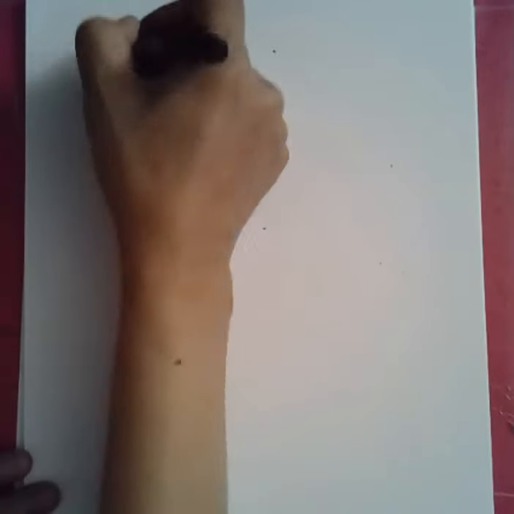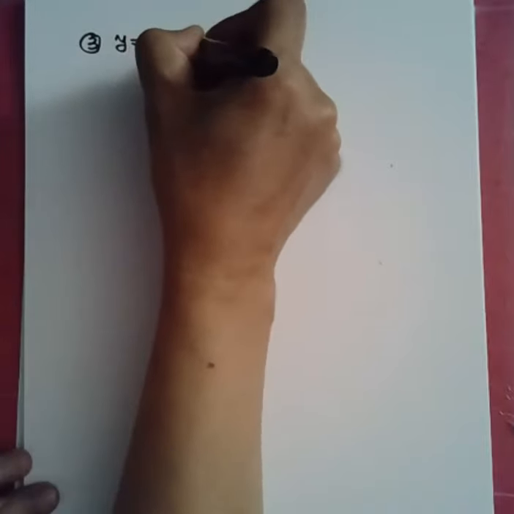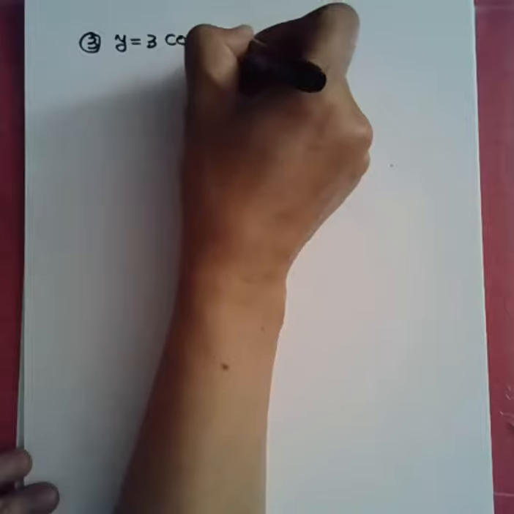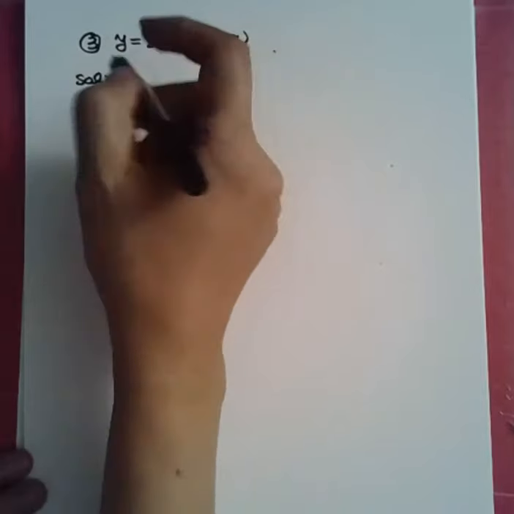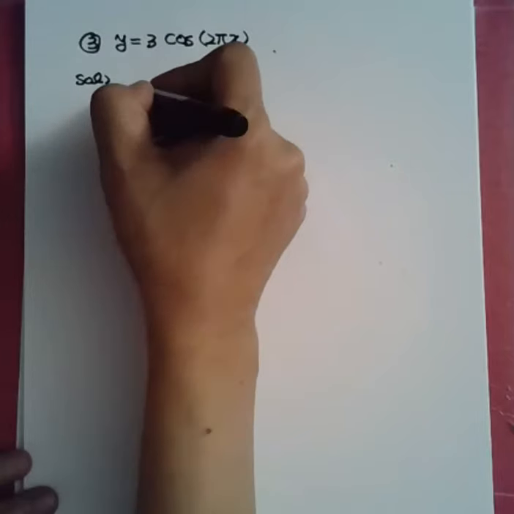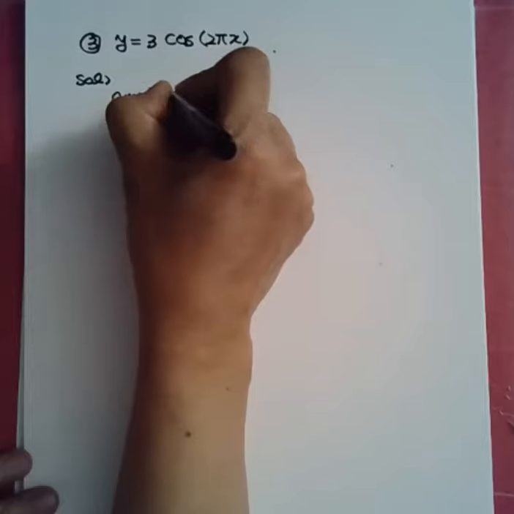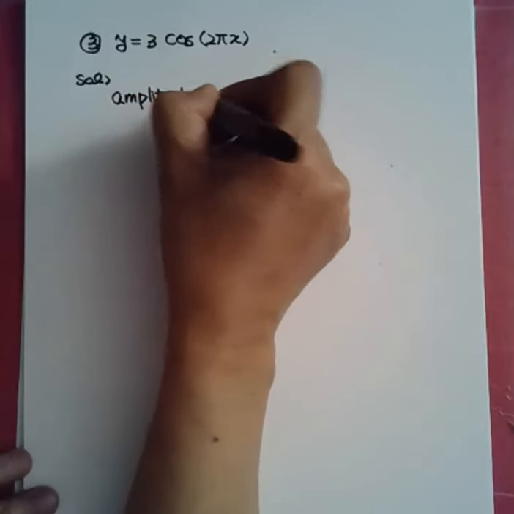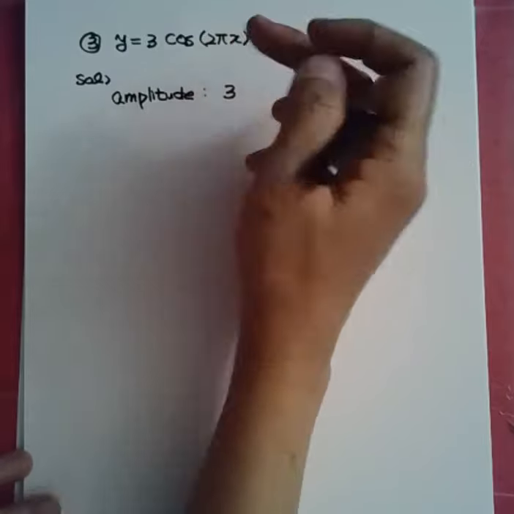The next question is y equals 3 times cosine of 2 pi x. Amplitude for this graph is 3, and 2 pi is multiplied to x.